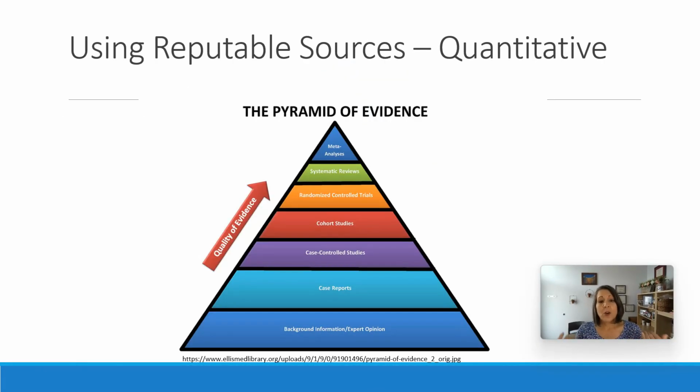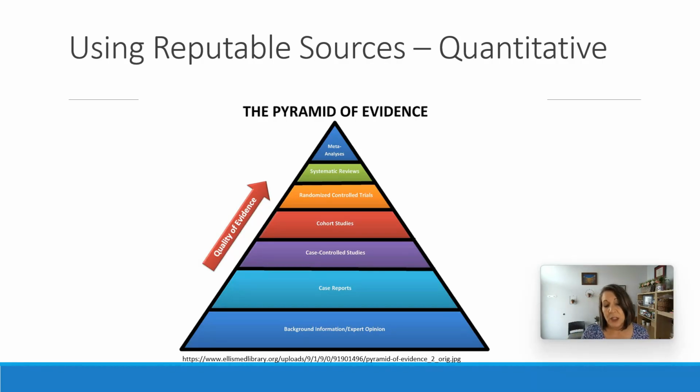Okay, so here's our quantitative pyramid of evidence. I just pulled this off an online source. I was looking for something that was rather general as to which types are stronger evidence than others. There's another one in your book that is very similar, and this is also similar to the Johns Hopkins method that we're going to be using. Top of the pyramid is our meta-analyses and systematic reviews, and then moving down to our randomized controlled trials.